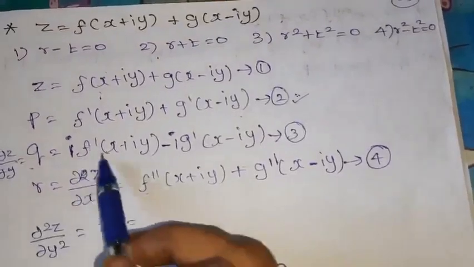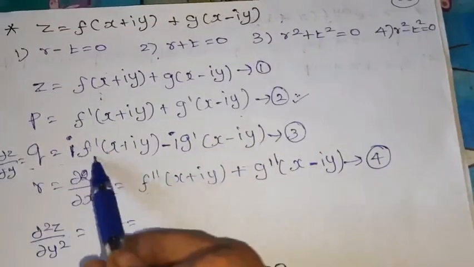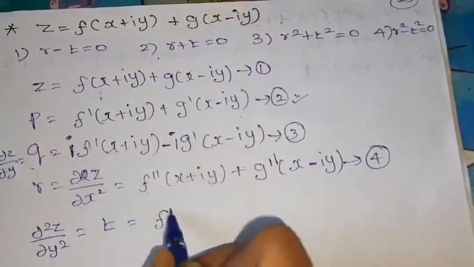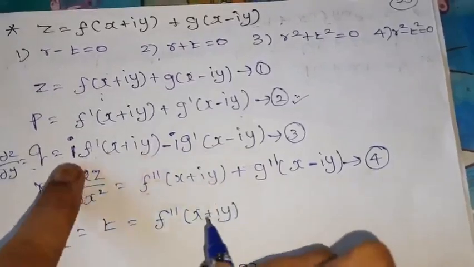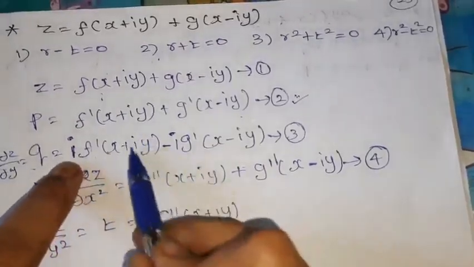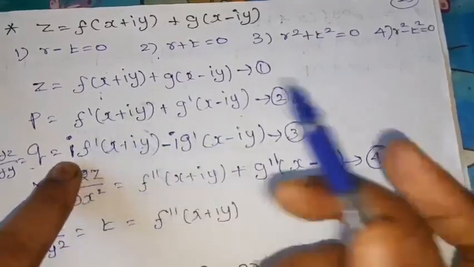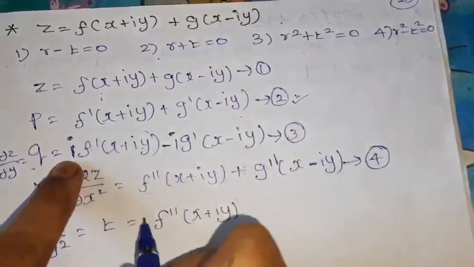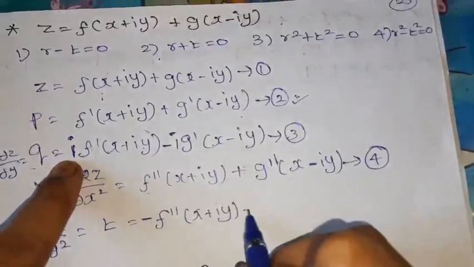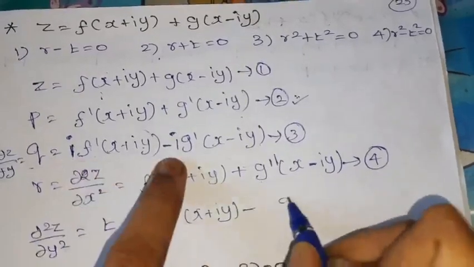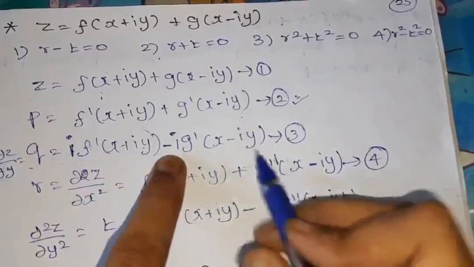Right. Then we partially differentiate with respect to y. f double dash of x plus iy; here also one i term stays as it is. Then differentiating the inside we get i, so i into i is i squared. The value of i squared is minus 1, so minus sign here. Again minus sign, so g double dash of x minus iy. Here also one minus i term.